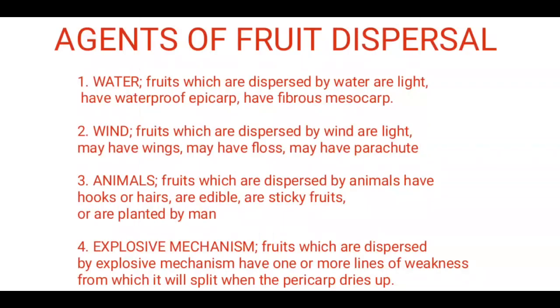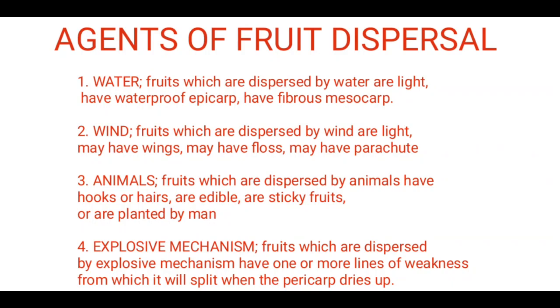Agents of fruit dispersal and structures which adapt fruits to different agents of dispersal. Number 1 agent of dispersal is water. Fruits which are dispersed by water are light, have a waterproof epicarp, and have a fibrous mesocarp. Another agent of dispersal is wind.